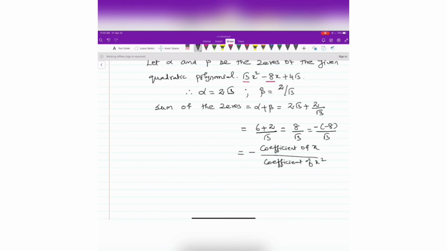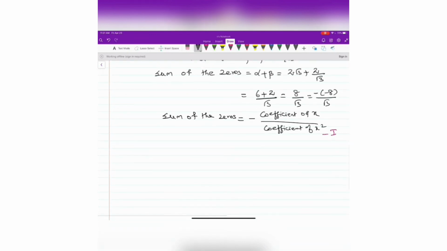So this is what I am getting for the sum of the zeros. So already you know the sum of the zeros is equal to alpha plus beta is equal to minus coefficient of x by coefficient of x square or minus b by a. Actually that is what we got here also. Or in other words, we have verified now the sum of the zeros is equal to minus coefficient of x by coefficient of x square. So let me name the result we have verified now as 1.